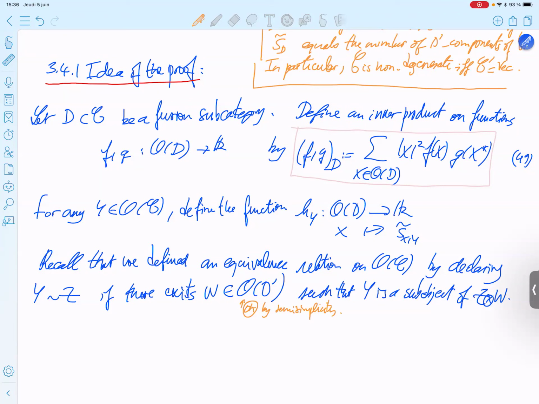I guess using semi-simplicity, it's easy to see that this equivalence relation can be alternatively formulated only using simple objects. Okay.